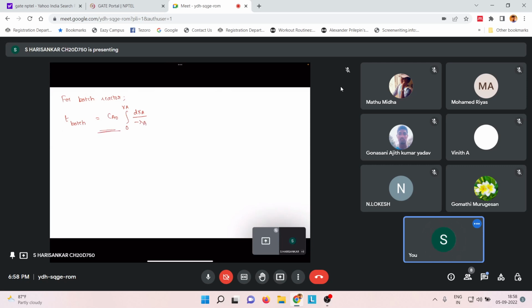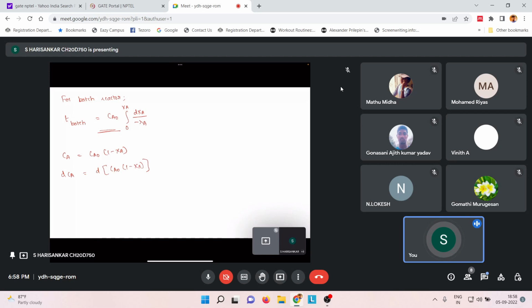Now we can write this in a different form as well. We have Ca is equal to Ca0 into (1 minus Xa). If we take the differential of this, dCa will be d of Ca0 into (1 minus Xa).